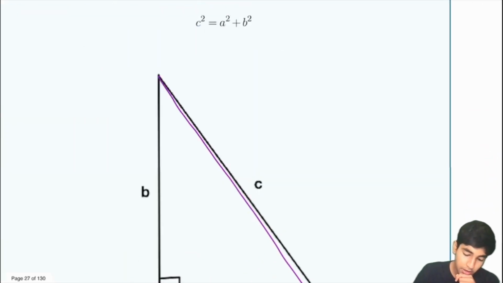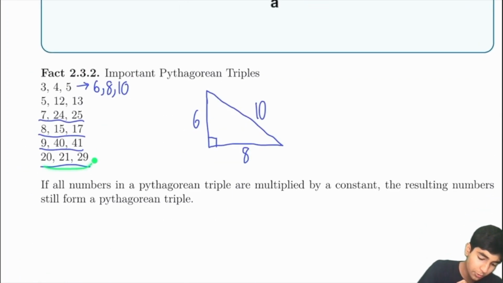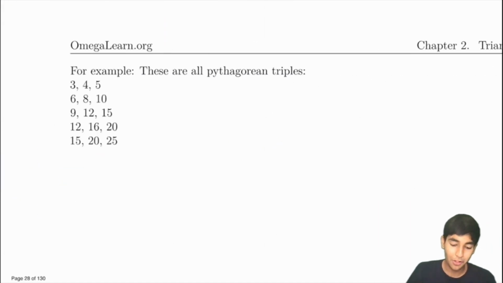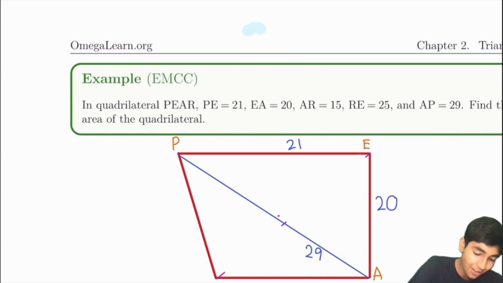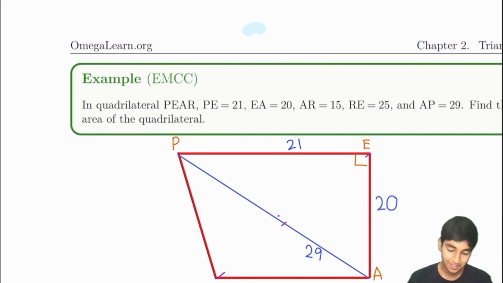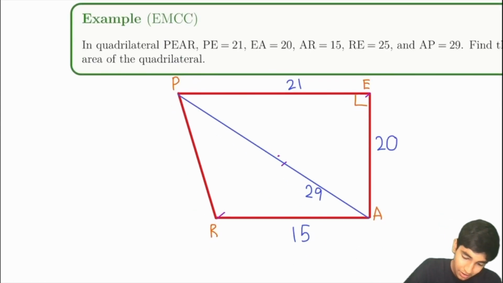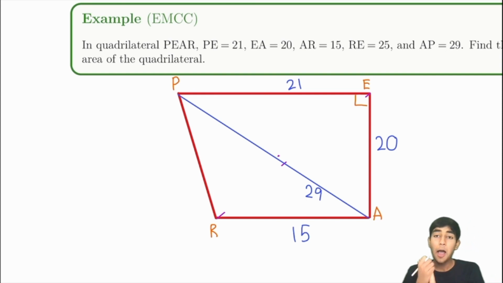You look back at our list here, 20, 21, 29 is a Pythagorean triple. And if they're a Pythagorean triple, that means it's going to be a right triangle. So that means this angle is a 90-degree angle. That's interesting, isn't it? So not only is it true that a right triangle has sides that are Pythagorean triples, but triangles that have Pythagorean triple sides are right triangles.